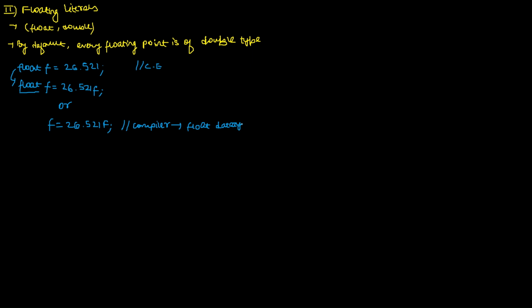Now these conventions you must remember, because this would really help you in shorthand assignment of floating type values. But if you are using a double, you can say double f = 26.521. You then don't need to specify any character to represent that this variable f is storing a double floating type.